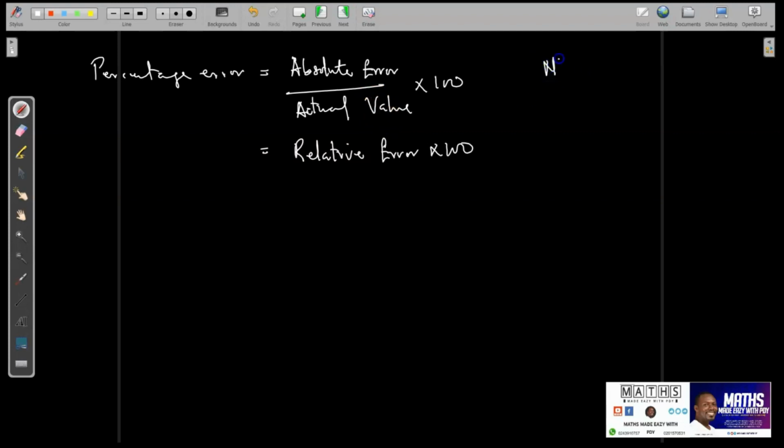So note, I don't want you to learn these things as formulas, but I want you to understand the process. Because when you quote any formula, we don't give you any mark. But when you do substitution rightly, that's when the marks are awarded.